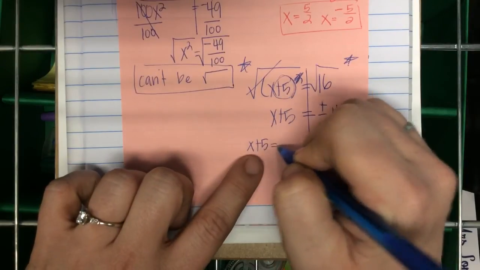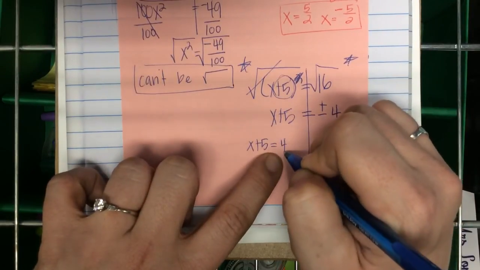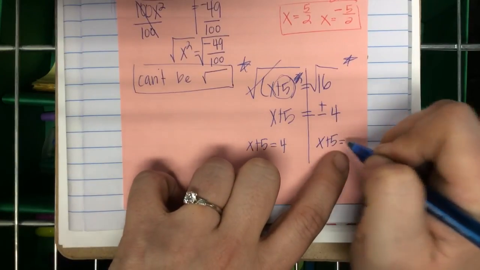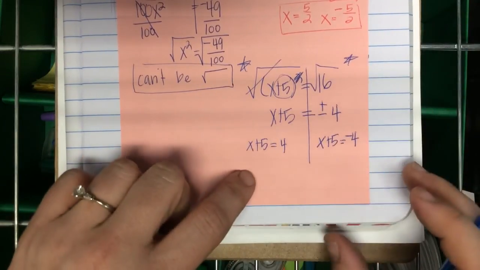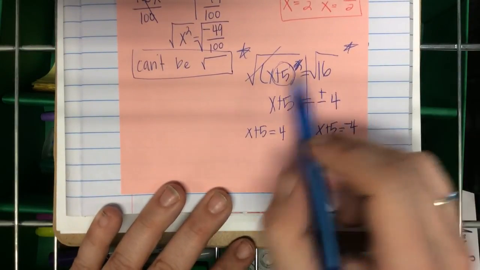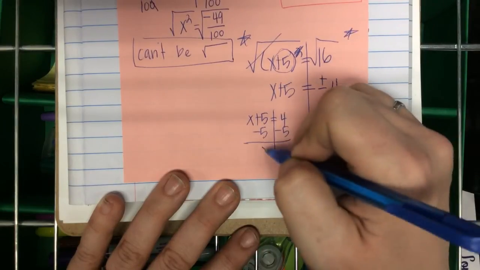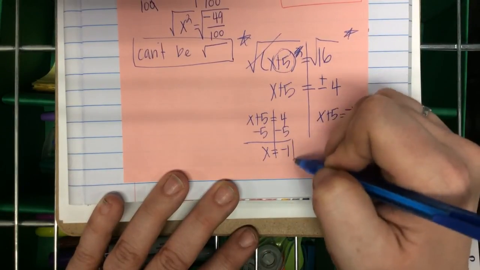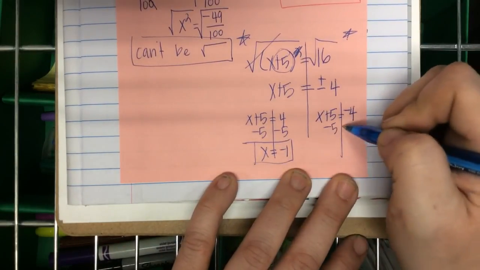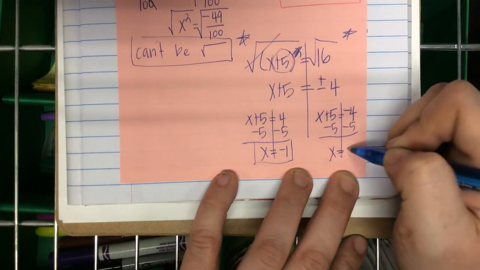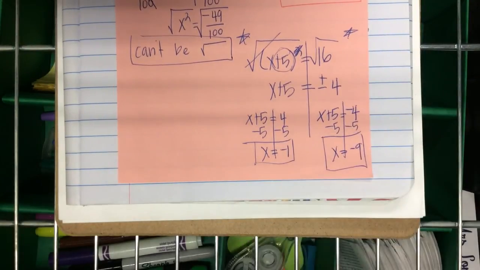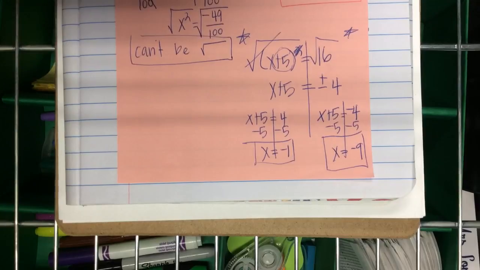X plus 5 equals positive 4, and x plus 5 equals negative 4. Minus 5, so my first solution is x equals negative 1. Minus 5, my next solution is x equals negative 9. It goes pretty fast if you understand your list of perfect squares. In fact, 80% of it's almost mental math.